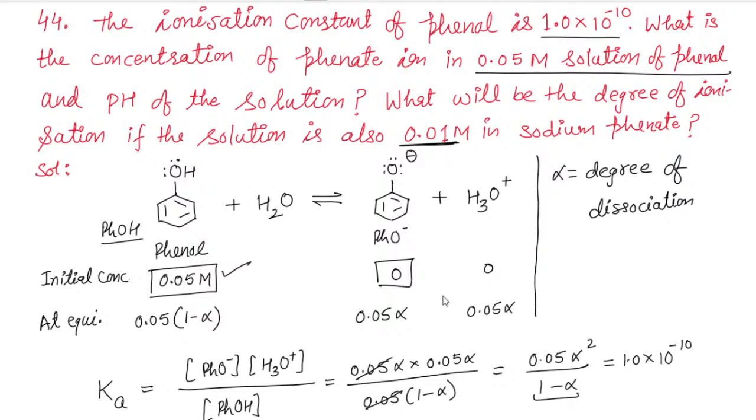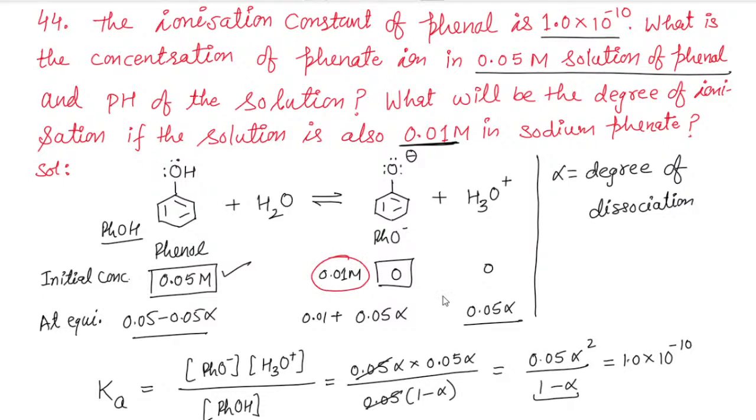That is the main difference. The rest is the same. This part remains the same, only this part in the second case becomes 0.01 plus. Here it is 0.05 minus 0.05 alpha, that is the same. Here instead of 0, it becomes 0.01 molar in the second case.